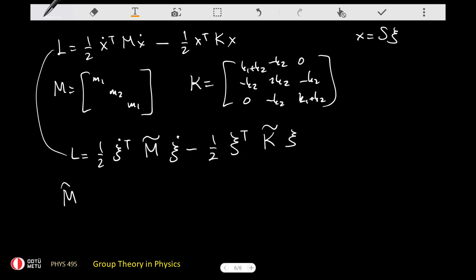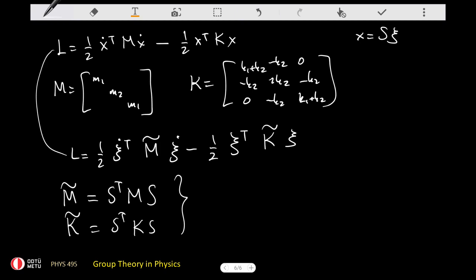So what is m tilde? M tilde is S transpose M S, and K tilde, well, it is S transpose K S, sorry about this, I was thinking about something else.